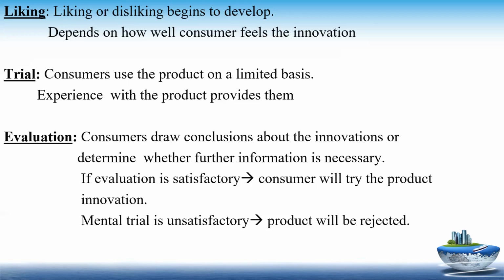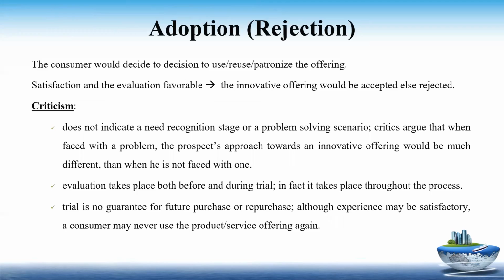If the evaluation was not satisfactory, they will reject the product. So adoption and rejection: the consumer decides to use or reuse the product or service. If the satisfaction and evaluation are positive, or favorable, they will accept the innovation. Otherwise they will reject it. If the experience with the product is not good, not favorable, they will reject the product.